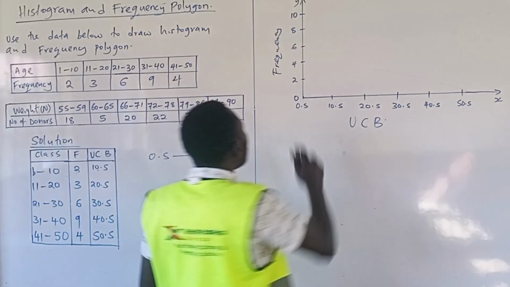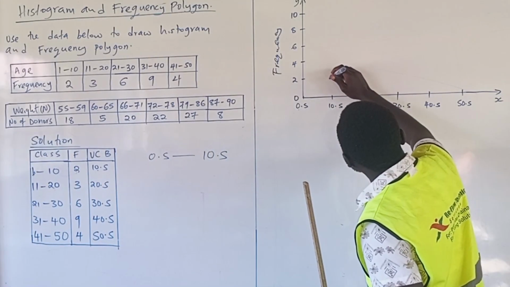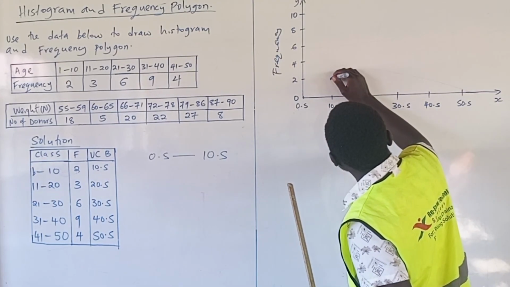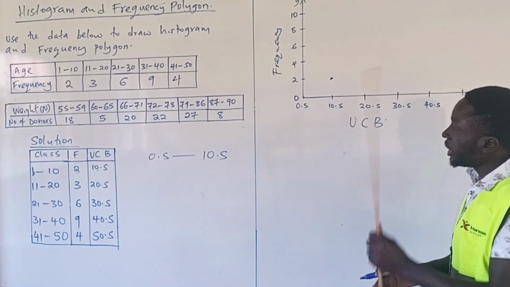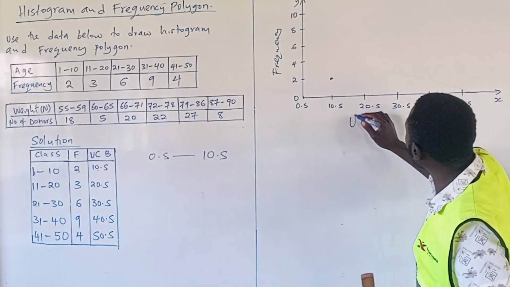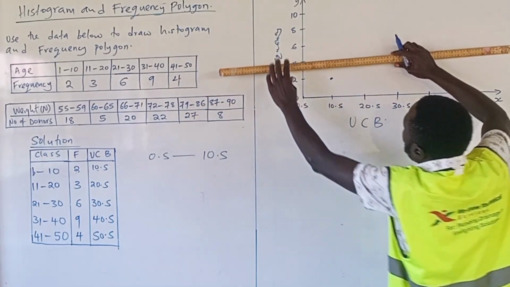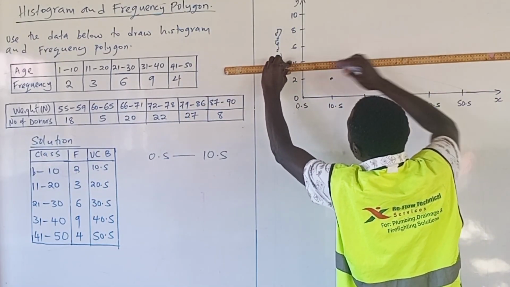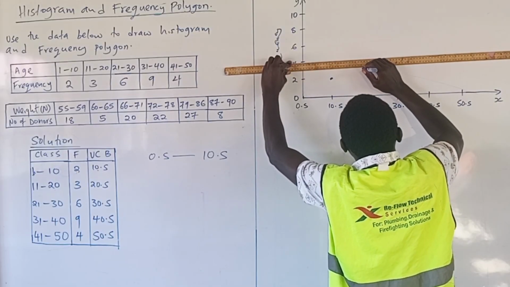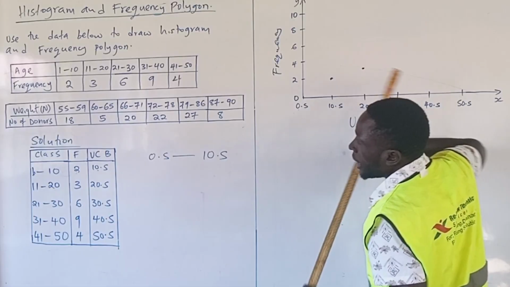You go to where 2 is and 10.5, because we have said it is a graph of frequency against upper class boundary. Then 3 and 20.5. Use a ruler where 3 is meeting with 20.5. Use a ruler for accuracy.